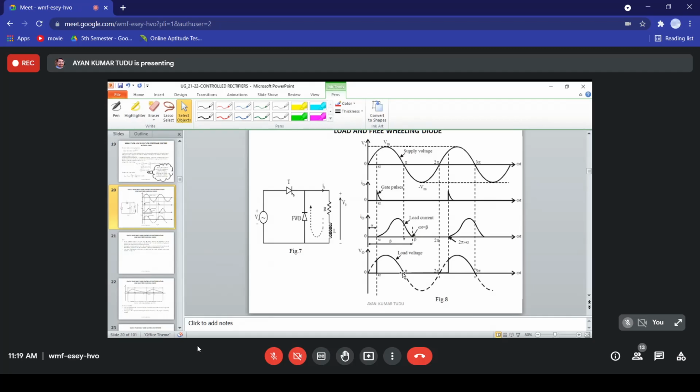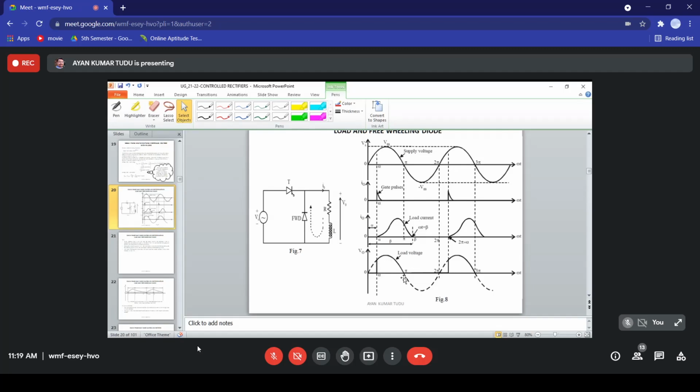Okay. And because of it, what will happen? One can understand that since there is no negative region in the load voltage, with the presence of this freewheeling diode, the average output voltage will improve for a single phase half wave control rectifier with RL load and freewheeling diode.